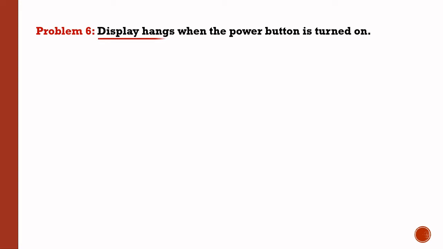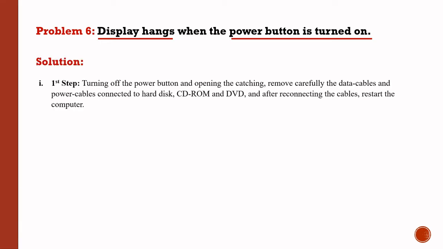Display hangs when the power button is turned on. Display hangs means it is stuck in one place, it's not moving when the power button is turned on. What is the solution? We have to turn off the power button. It's important.